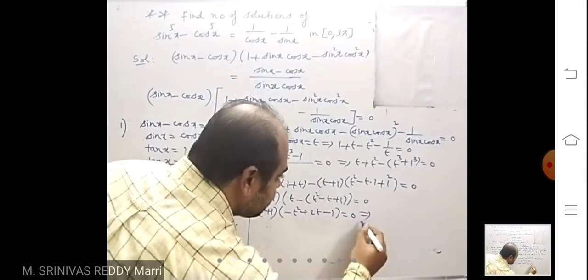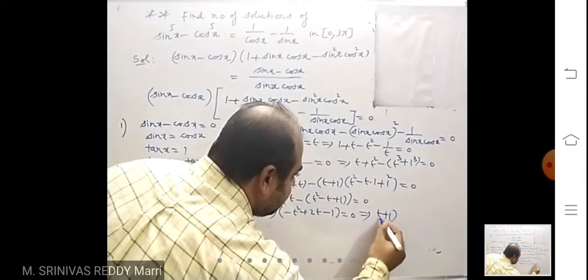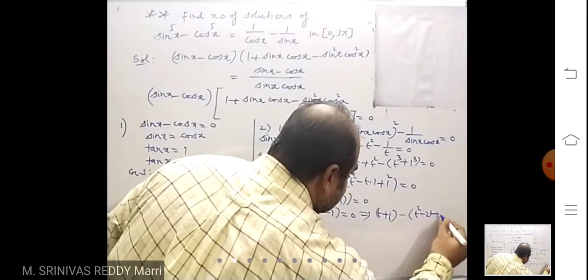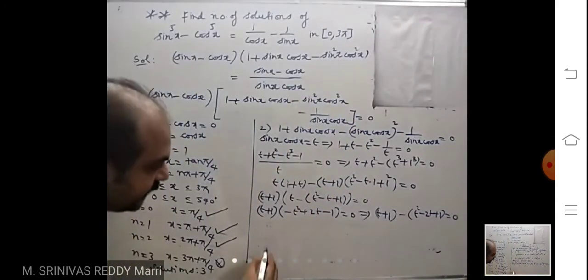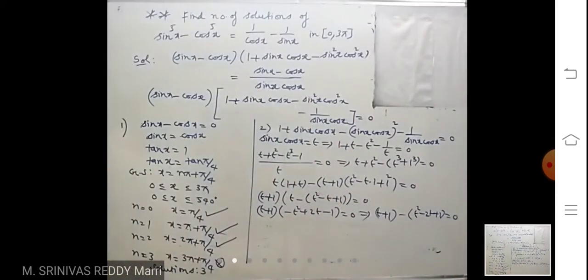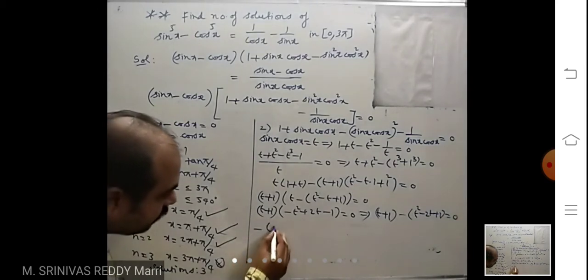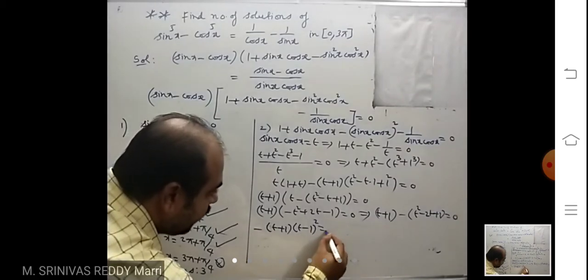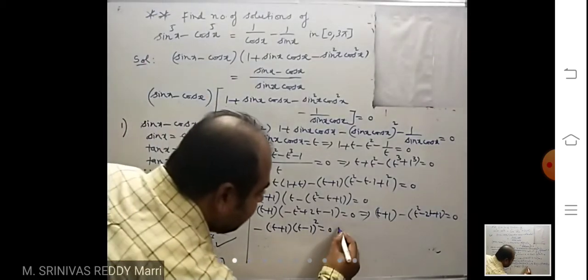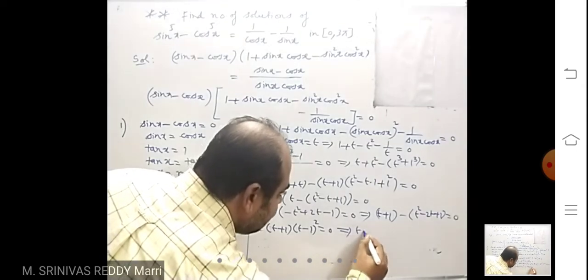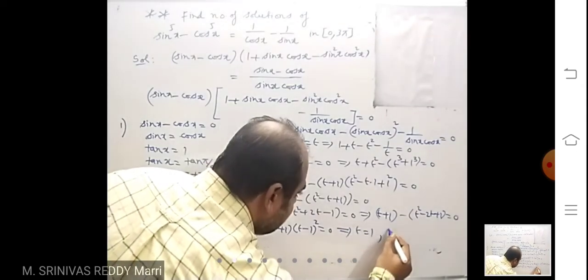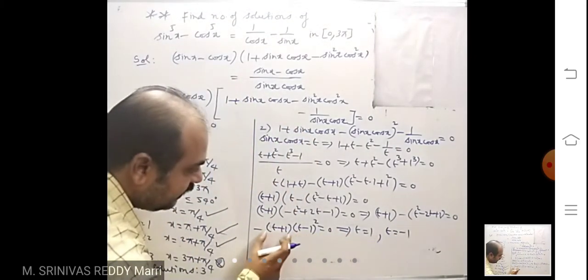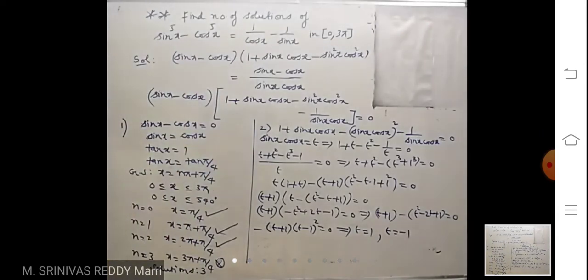That implies t plus 1 into, taking minus common, t square minus 2t plus 1 equal to 0. This is nothing but t minus 1 whole square. So what values will you get? T equal to 1, t equal to minus 1. If this is 0, you get t equal to 1. If this is 0, you get t equal to minus 1.